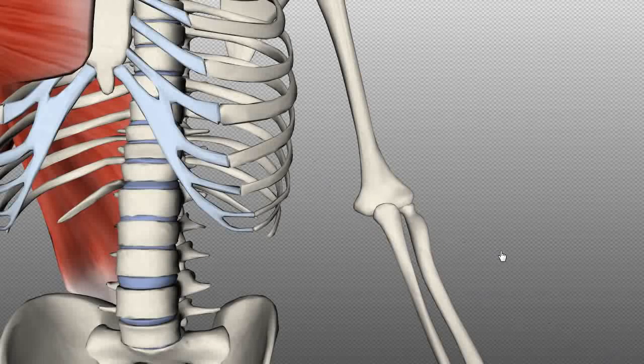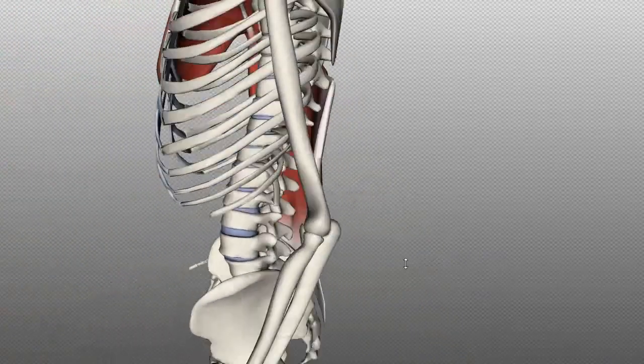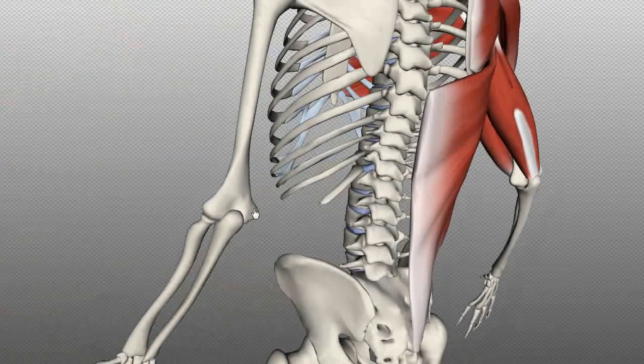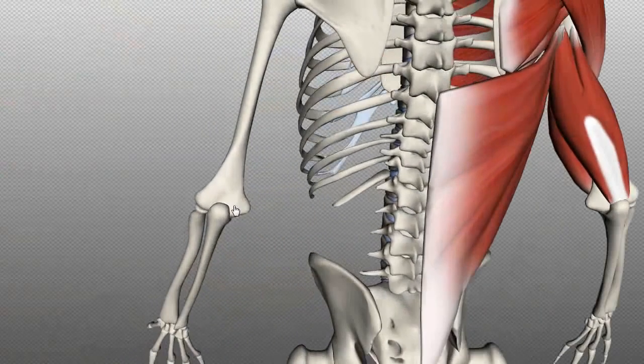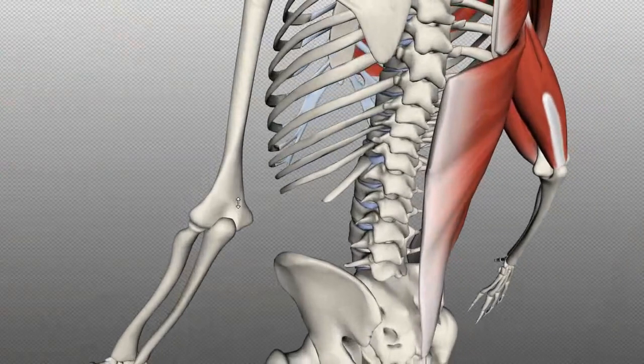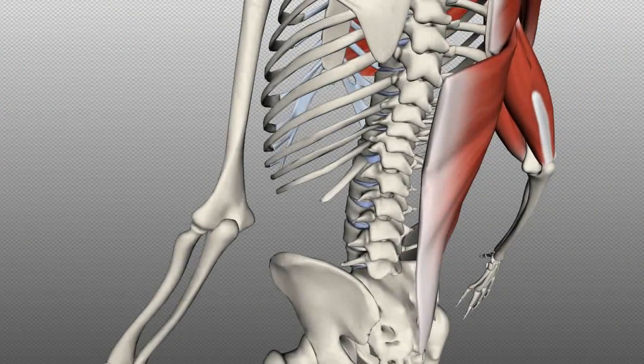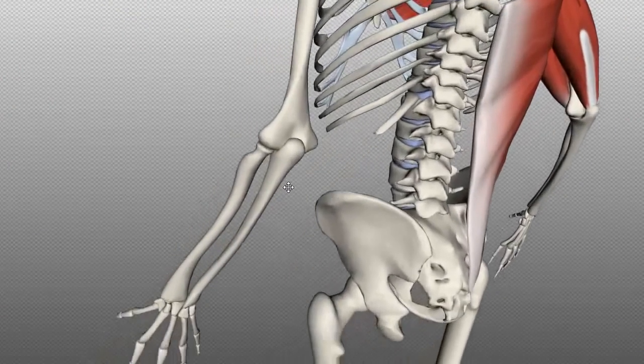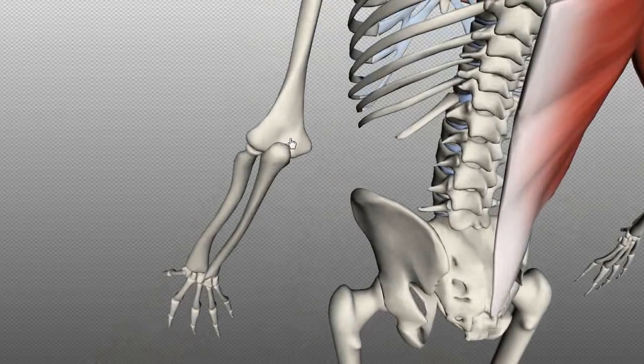So I've just flicked back to the 3D model, and then there's another fossa that you've got at the back known as the olecranon fossa. So this part of the ulnar bone is known as the olecranon. So you can just see this little indentation on the distal part of the posterior humerus.